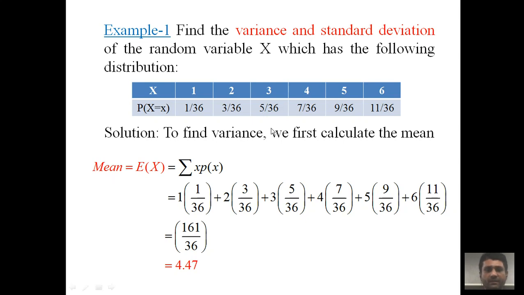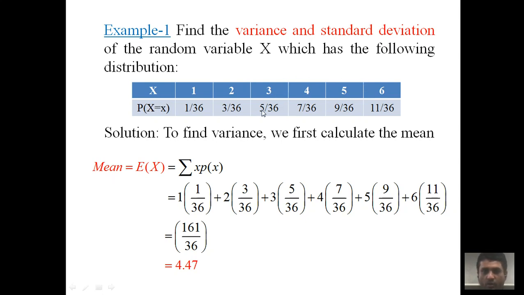Let's see the first example. Find the variance and standard deviation of the random variable X which has the following distribution. The first row represents the discrete random variable X: x1 is 1, x2 is 2, x3 is 3, and so on, x6 is 6.